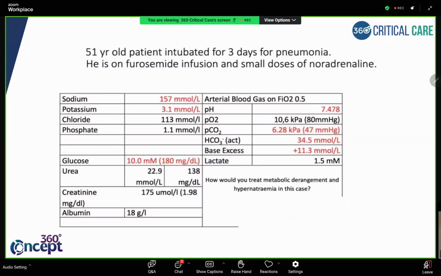Here, the sodium is high and potassium is low. Chloride is normal. Glucose is borderline normal high. Urea is normal. Creatinine is high. Albumin is 18. pH is high, not hypoxemia. CO2 is high. Bicarb is too high. And what would be your answer for this question?